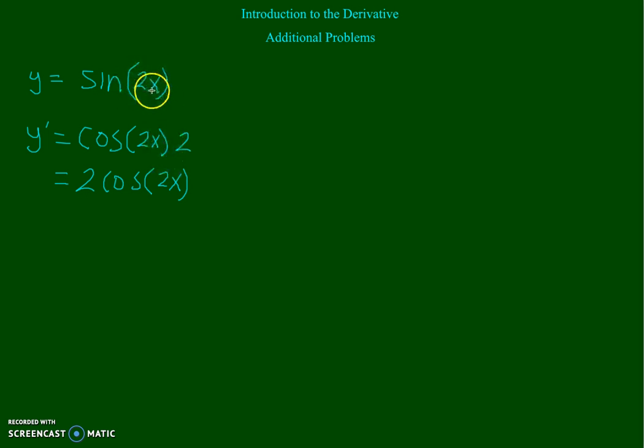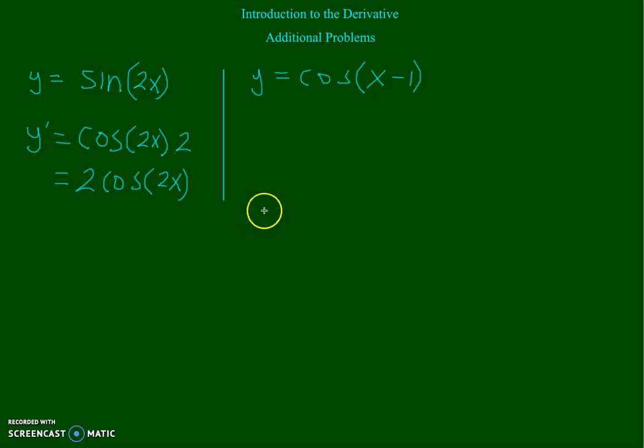This is simply the input to this function. These are inextricably linked at this point. So this is not a multiplication, so you can't take the derivative of cosine. This isn't the product rule or anything like that where we say the derivative of sine times the derivative of 2x. That's not how it works. So this is the final result of the derivative of this function.